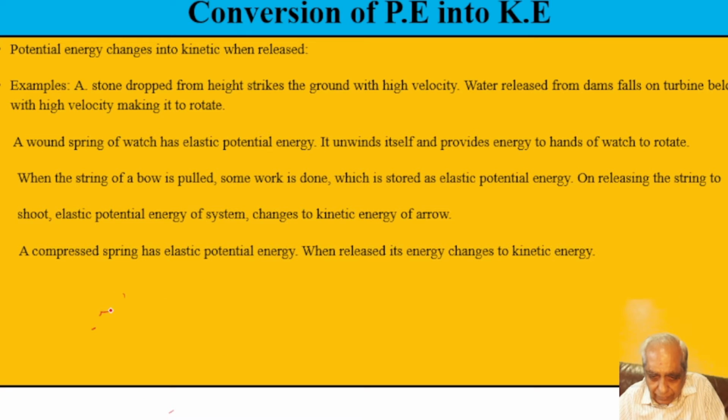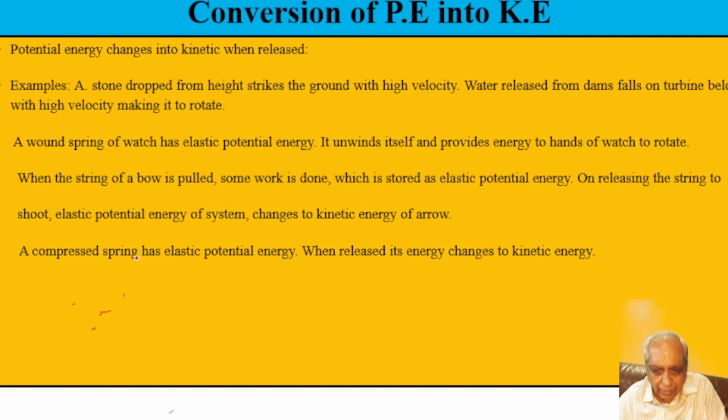Is it all right? Then second example, suppose you have a spring in a wristwatch. When you wind the spring, you are adding elastic potential energy. The spring will release that energy very gradually and the watch rotates.